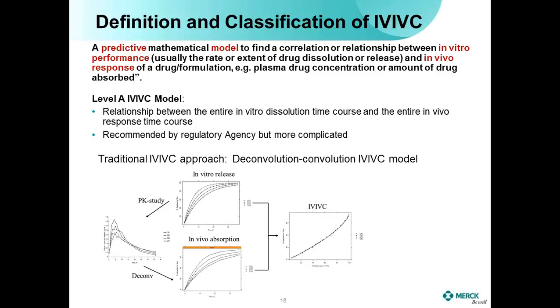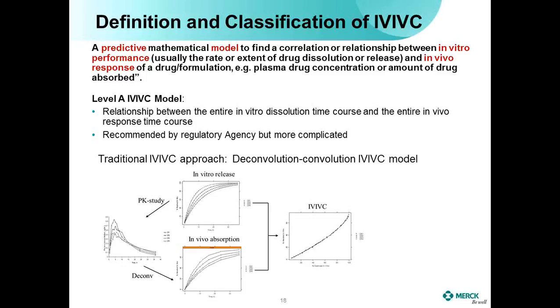As you see in the figure at the bottom, first of all, you have to deconvolute a set of pharmacokinetic data to generate an in vivo absorption profile, and then combine with the in vitro release profile and build a mathematical model for the correlation between the in vitro fraction release versus the in vivo fraction absorbed. And if the model can be successfully built, when you have any new in vitro release profile, you can use this correlation to estimate the in vivo absorption profile, then convert back to the pharmacokinetic profile for these new formulations.